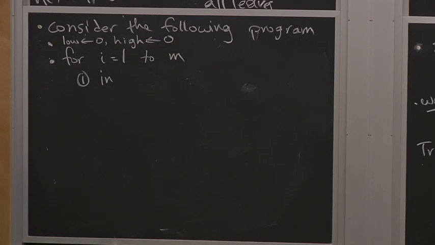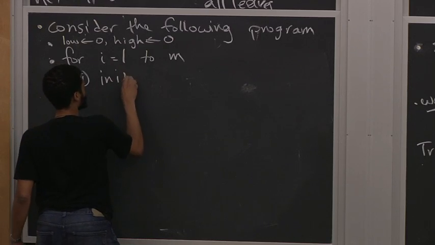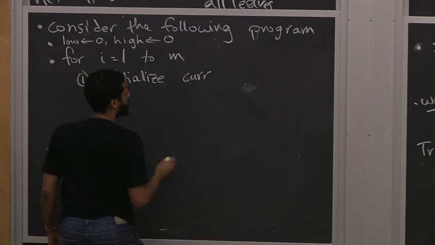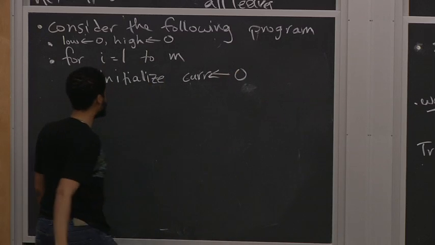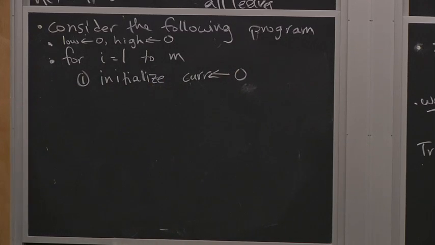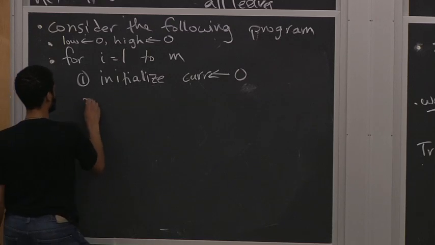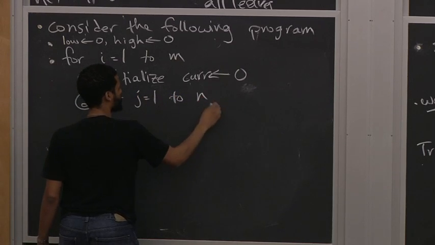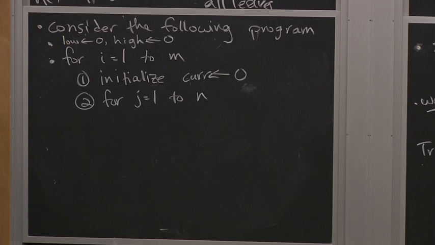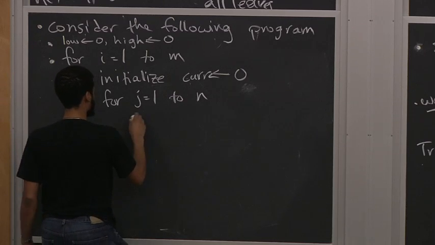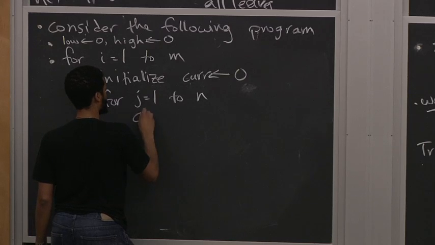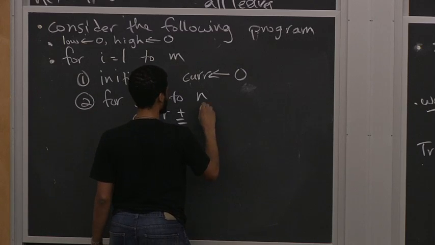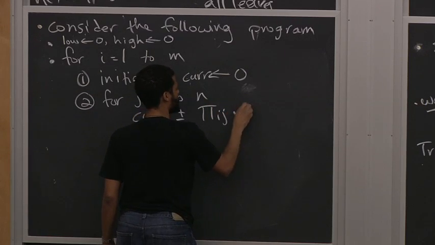For i equals 1 to m, initialize cur to 0. And then for j equals 1 to n, cur plus equals pi_ij times x_j.